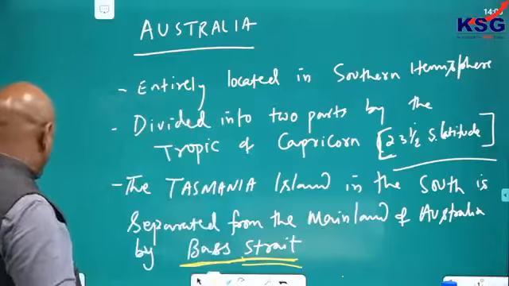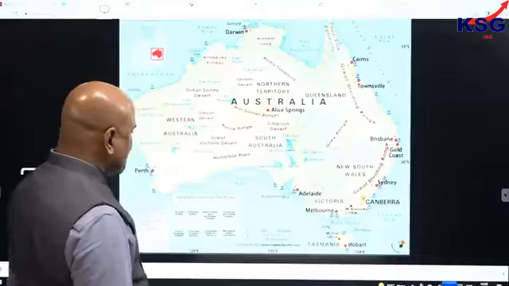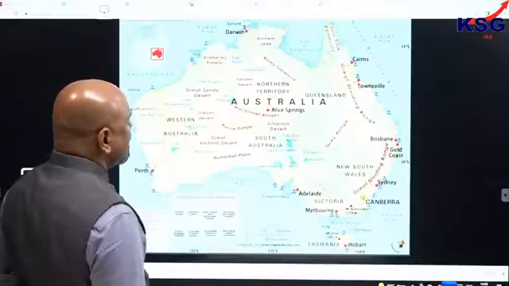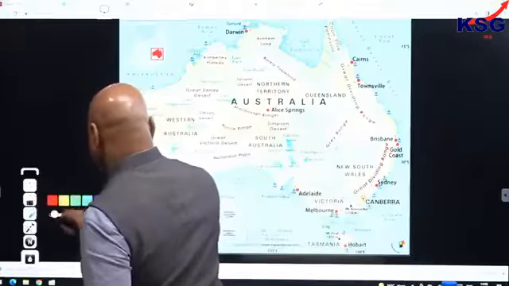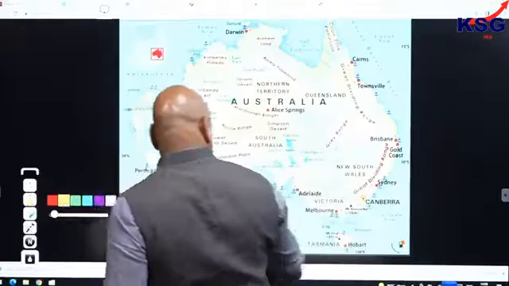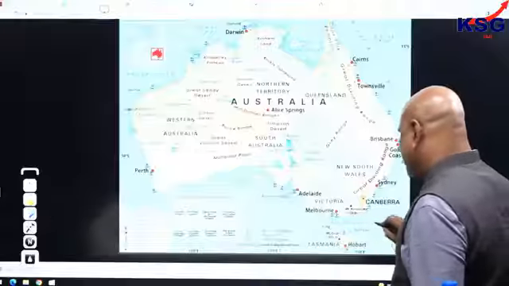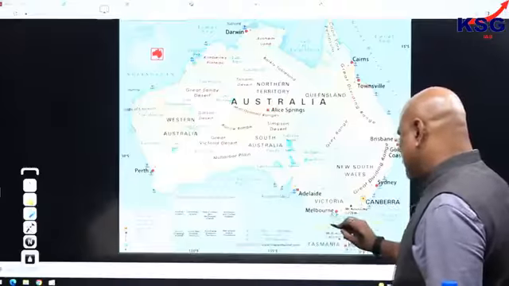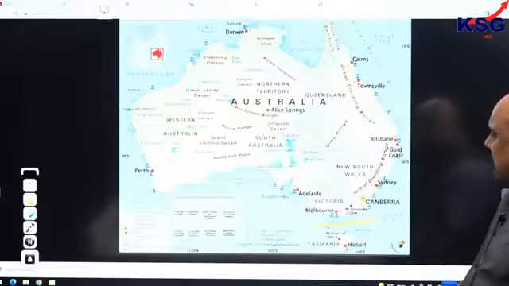Now, this is what you can see here. Here is Australia, and here you have the Bass Strait. Tasmania is here.